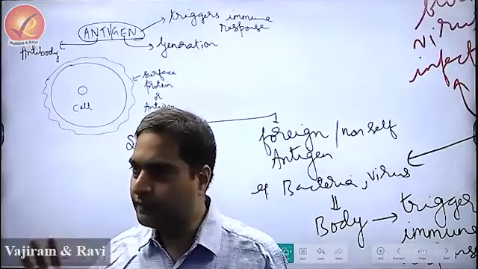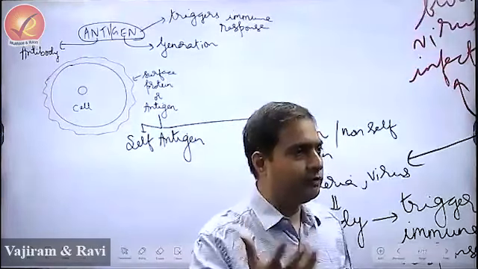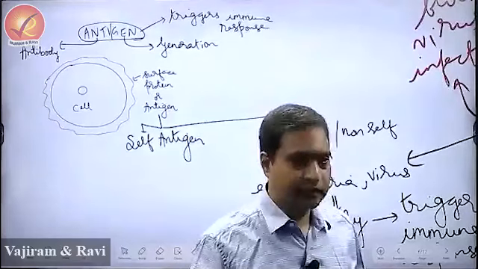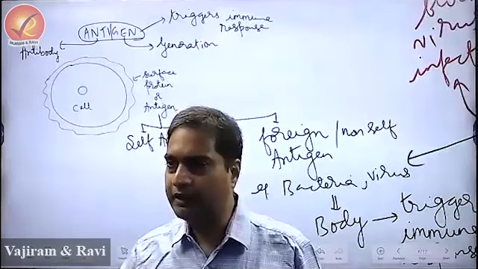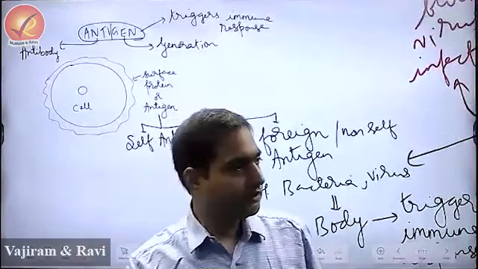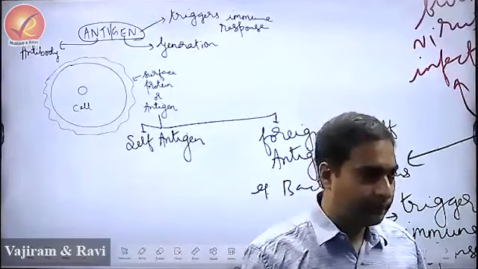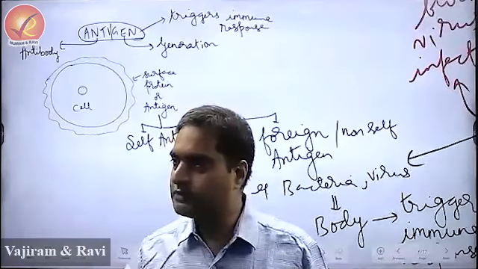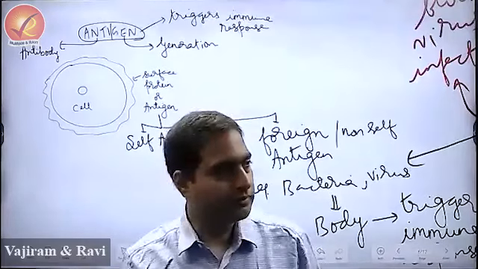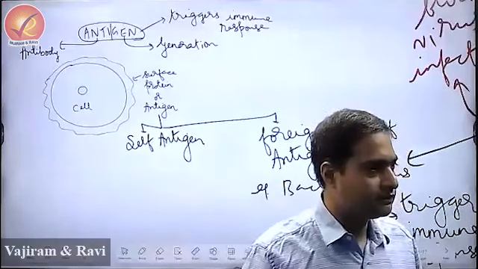So there must be some mechanism that balances our immunity, regulates our immune response. So there are checks and balances for the immunity also, that it should target only what? The foreign antigen, not the self antigen. If it happens, then it results in autoimmune reactions in your body. That becomes counterproductive against your own body, called autoimmune diseases.